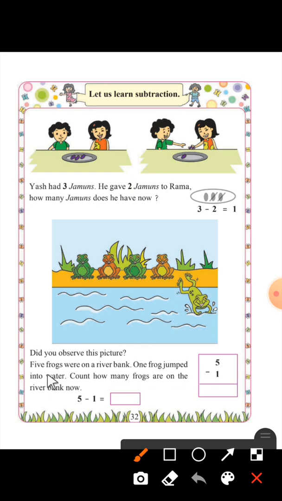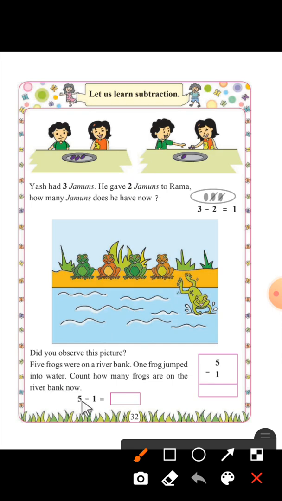One frog jumped into water. Count how many frogs are on the river bank now. From 5 frogs, one frog jumped into water. Now how many frogs remain? 1, 2, 3, 4.